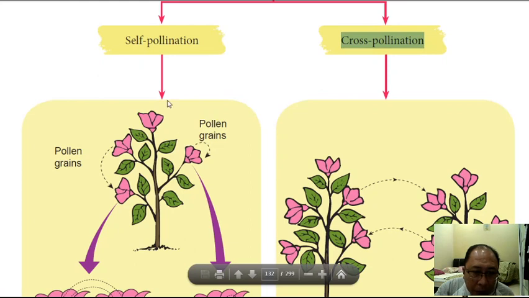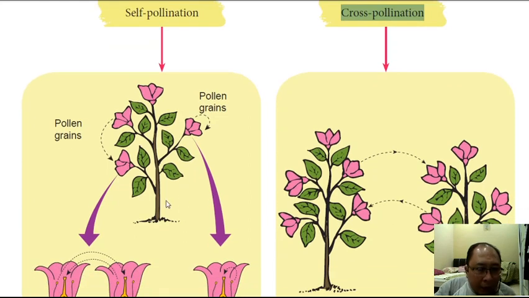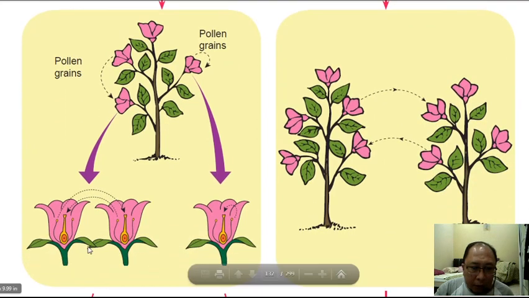So for example, this one, pollen grain from flower A is transferred to the stigma of flower B but in the same plant, or pollen grain from flower C is transferred to the stigma of flower C, same flower, but still in the same plant. So if this happens, the pollination is called self-pollination.